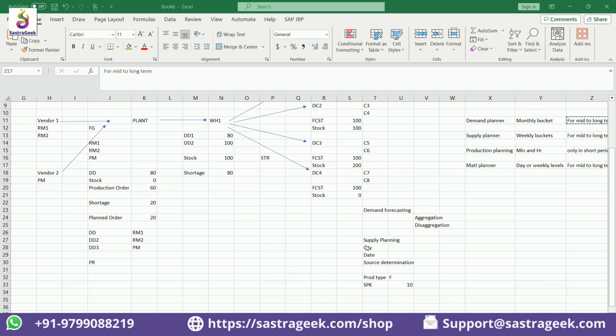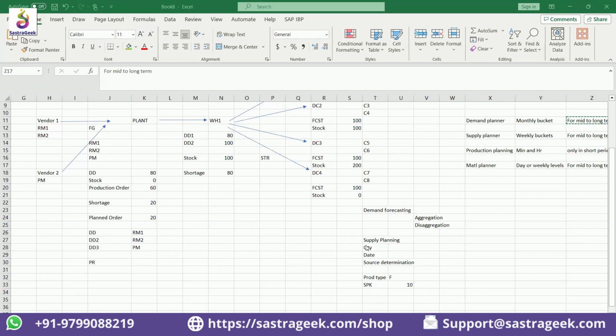Okay, what role conflict between supply planner and demand planner? There is no role conflict as such. The demand planner is more focused on predicting demand. That is the objective of the demand planner: how accurately he can predict demand for my individual finished goods across my portfolio, across my network, at my location facing the customer.